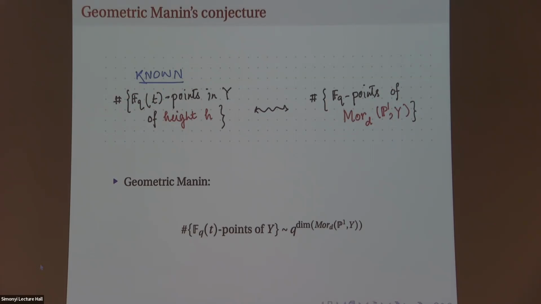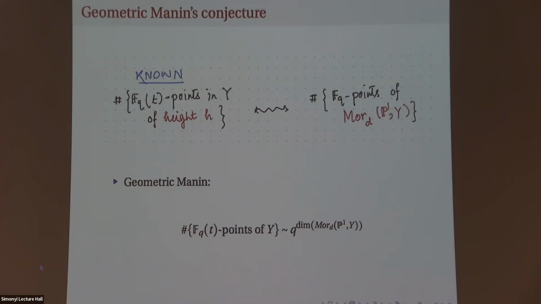And what geometric Manin estimates is that it's supposed to be dominated by q to the dimension of this mapping space. So this is an asymptotic result when q grows bigger. Like you want to say that when q grows bigger, the q to the dimension is what matters.